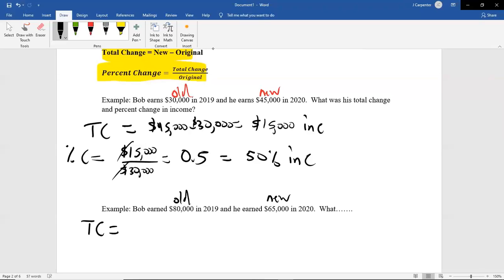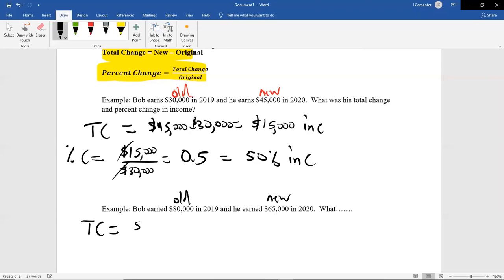So maybe Bob did something bad and he got a demotion, so he got a pay cut. Or maybe Bob worked less hours, or maybe Bob just got a new job entirely, so he's making less money at this new job. Maybe he's only working half as long. I don't know. There's some reason this happened, but we're not focused on the reason. We're focused on the math and the reasoning with the math.